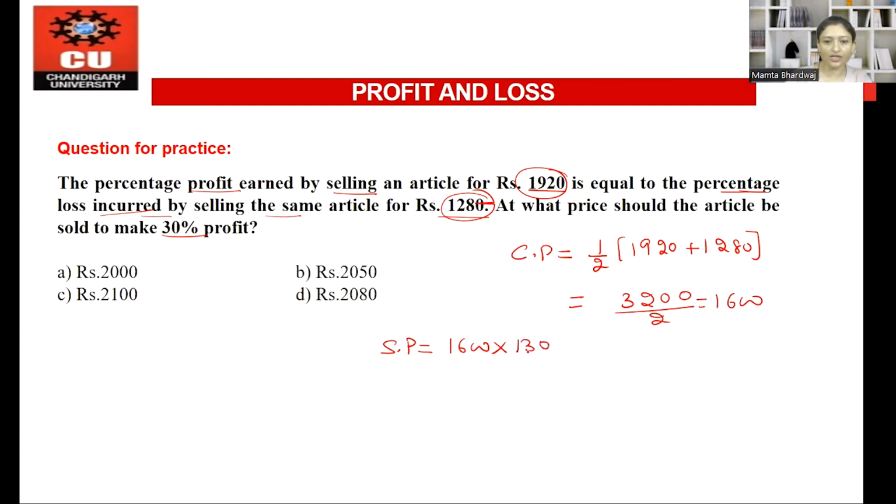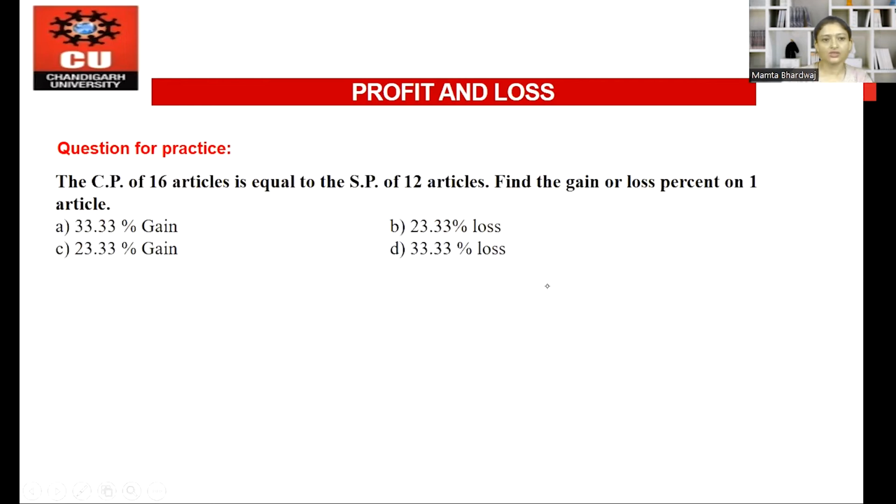So we need to find 130% of 1,600, and it will give us 2080. Option D is the answer. So 2080 will be the selling price of the article. I hope the concept is clear. So let's move ahead to another example.